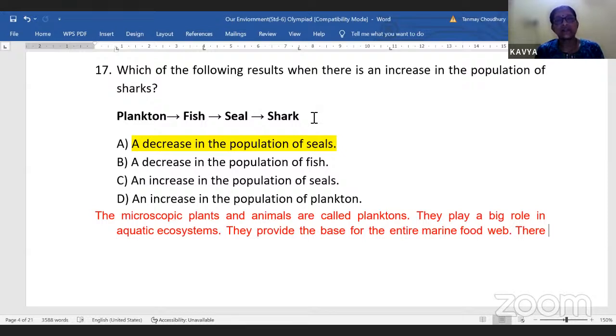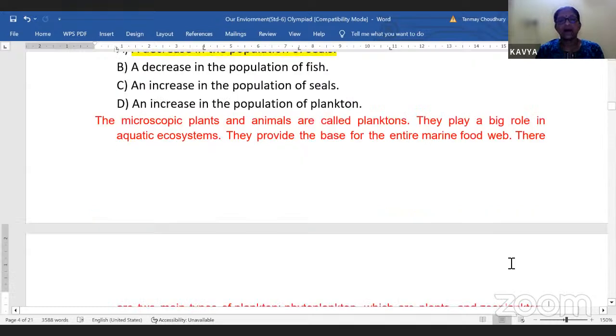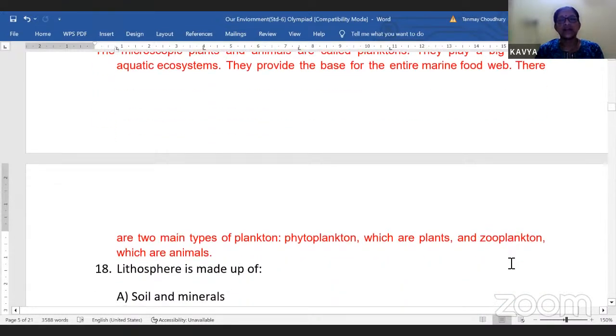So in the marine food web, planktons play a major role. There are two main types: the phytoplanktons, which are microscopic plants, and zooplanktons, which are microscopic animals.